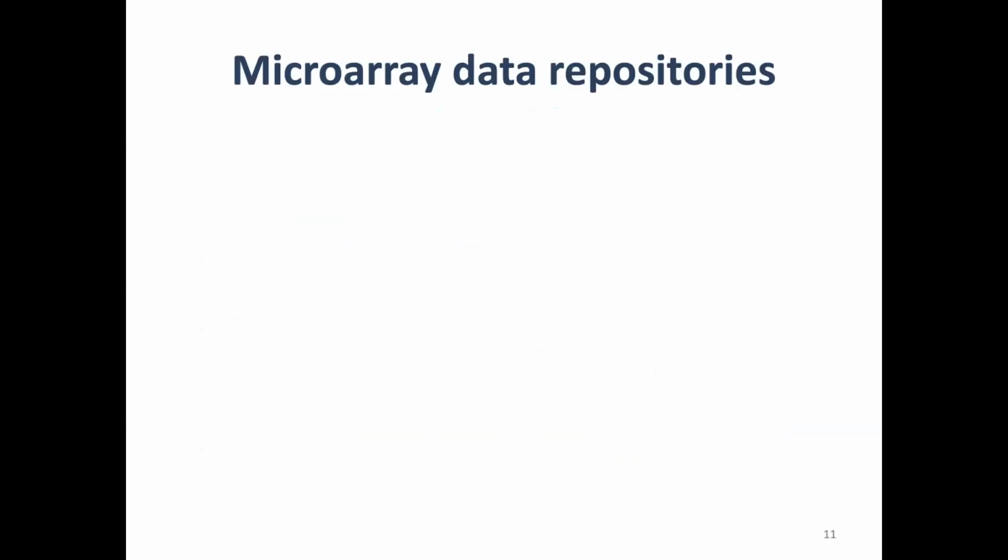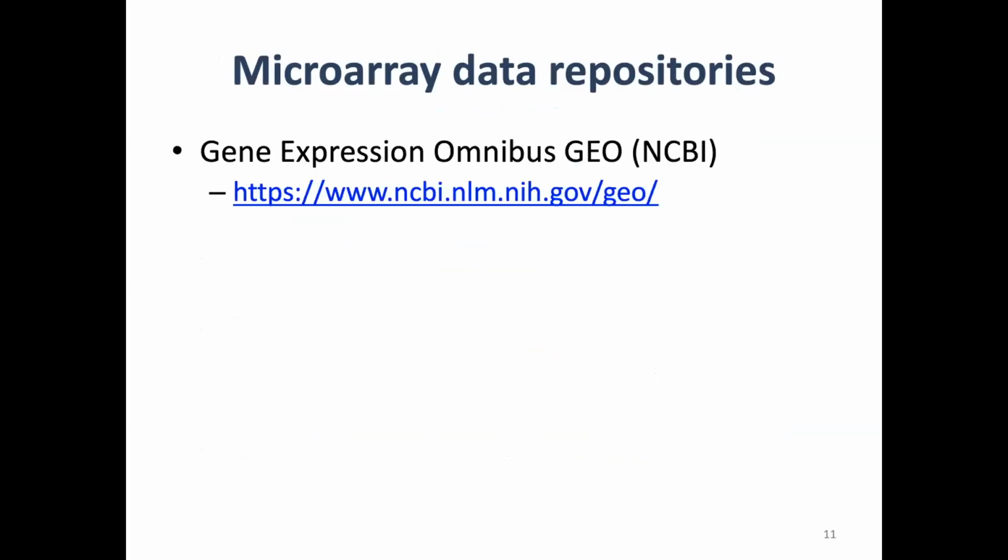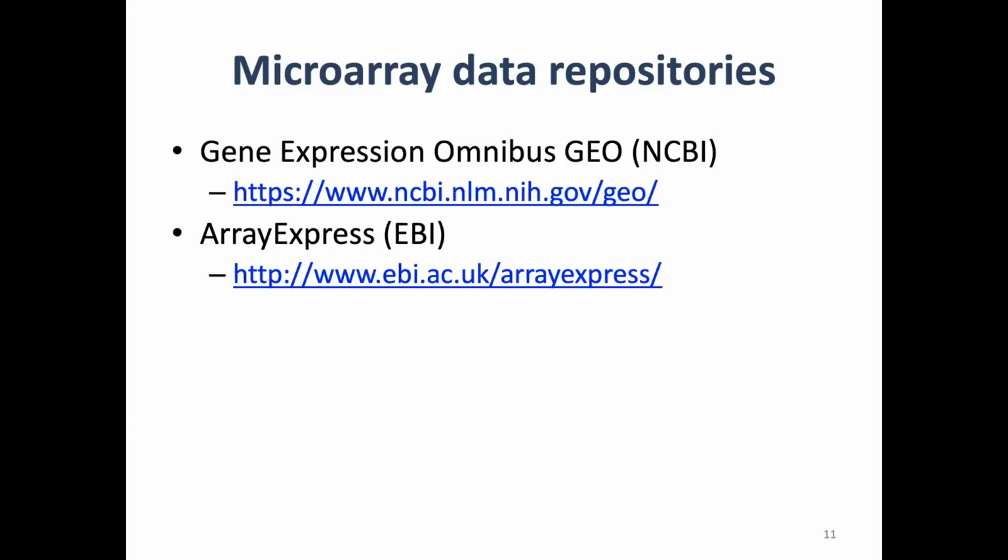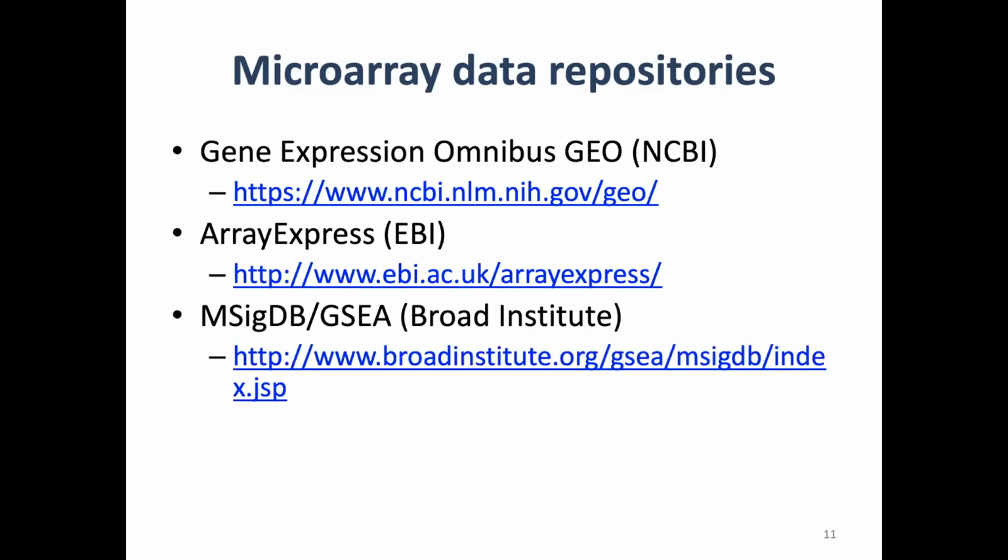Okay. Now, there are different microarray data repositories. Number one is Gene Expression Omnibus of NCBI, GEO. So if you are submitting a paper using microarray data, then you may want to submit the microarray data to this NCBI GEO database. And then there is ArrayExpress, and there is the Molecular Signatures Database from GSEA, from Broad Institute.